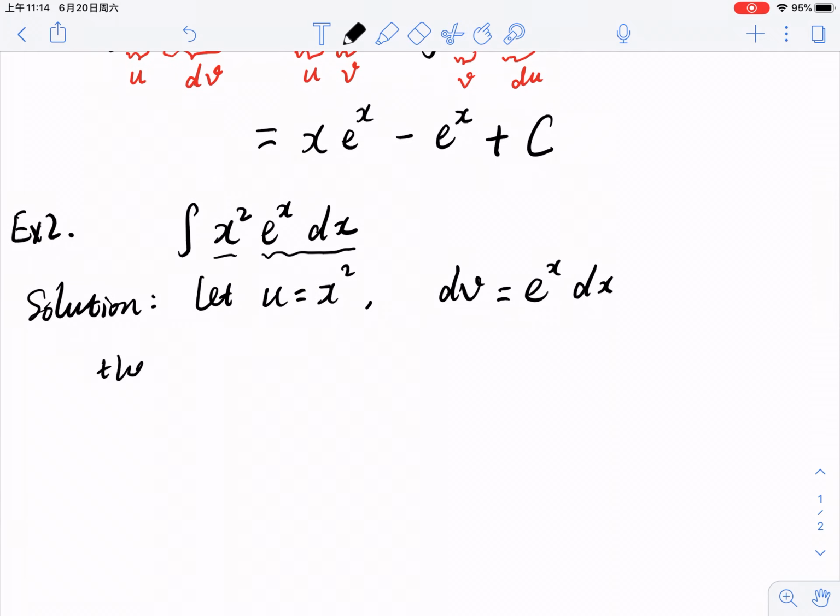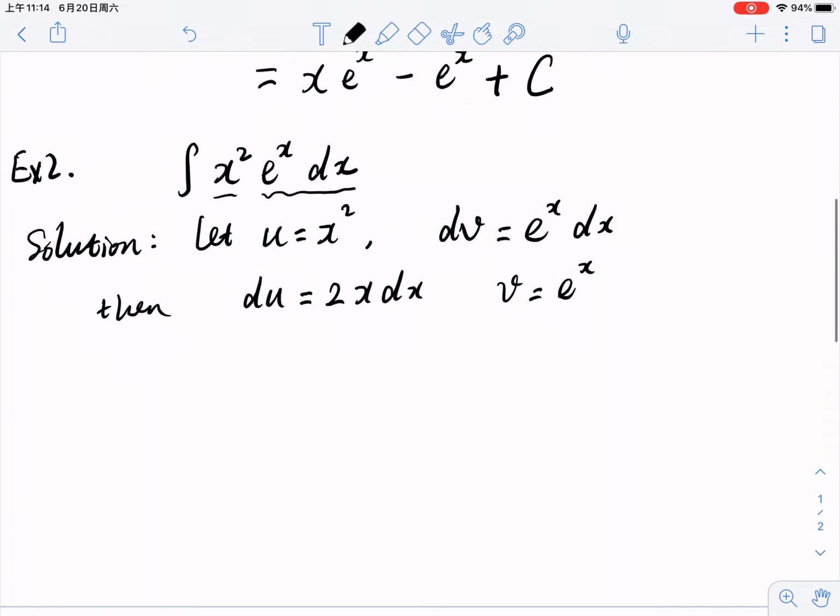So we get du is 2x dx, and v is e^x. The original integral, x squared e^x dx: this is u and this is dv.